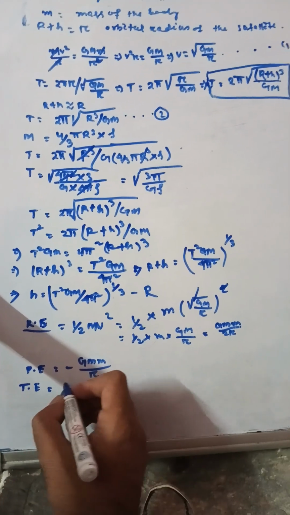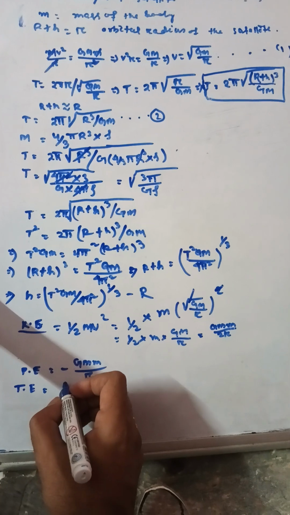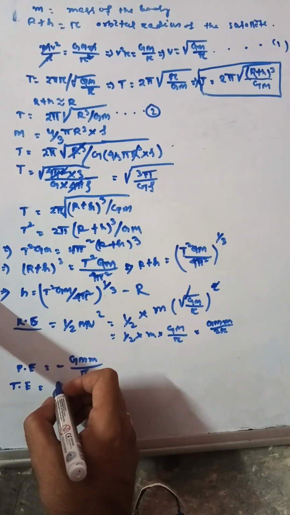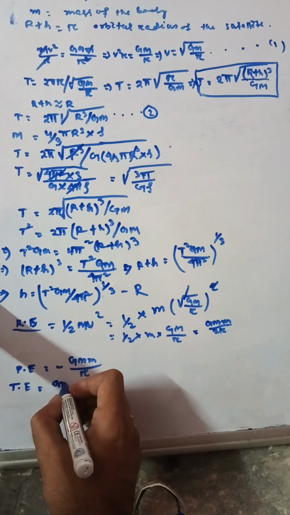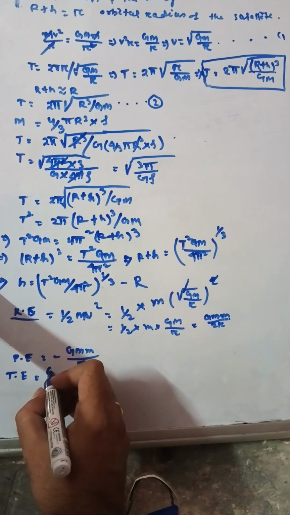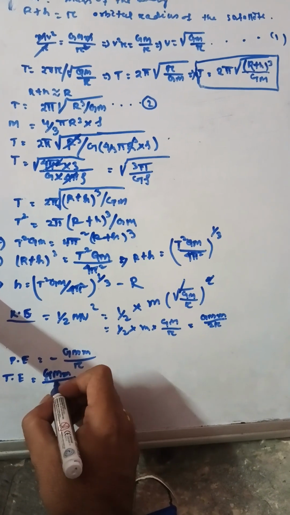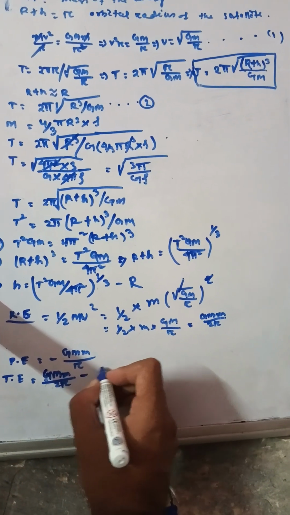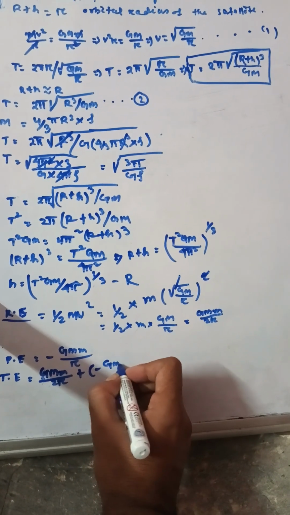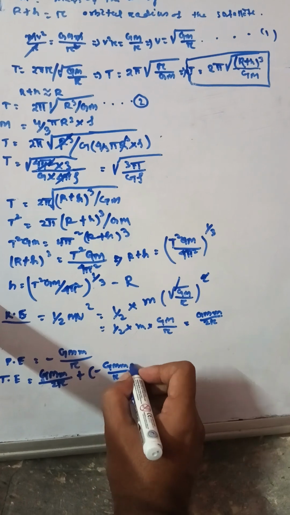Kinetic energy plus potential energy: GMm divided by 2r plus minus GMm divided by r.